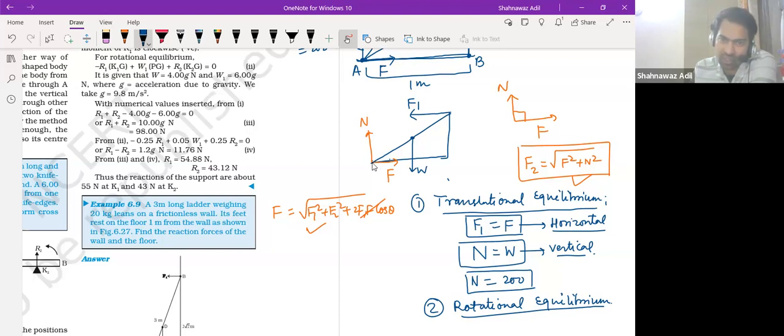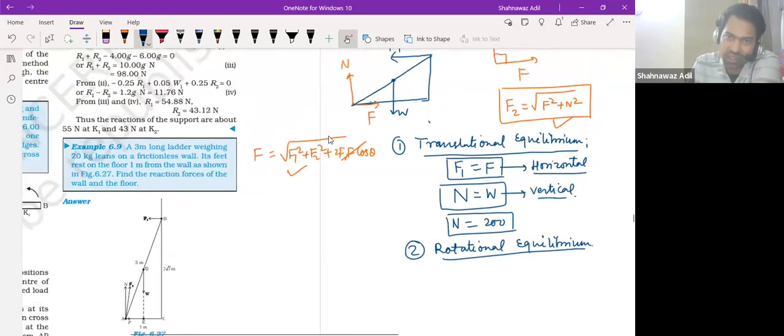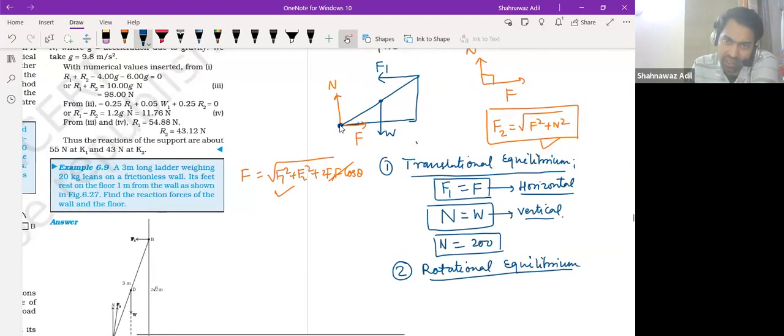So if we choose this point, then rotation due to this force and this force will cancel, right? This will be zero if we are choosing this point. Yes, sir. So if we choose this point as the rotational point, we have this line of force, and we have this force, right? So this one is in this direction, this was in this direction, right? This F1 is clockwise or anti-clockwise?